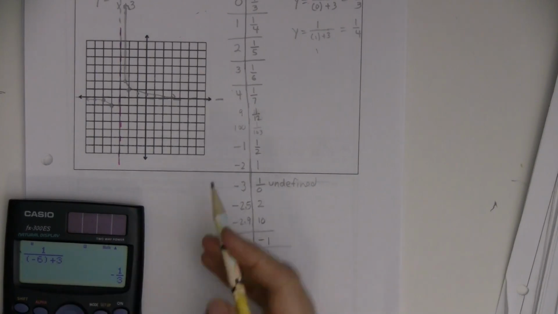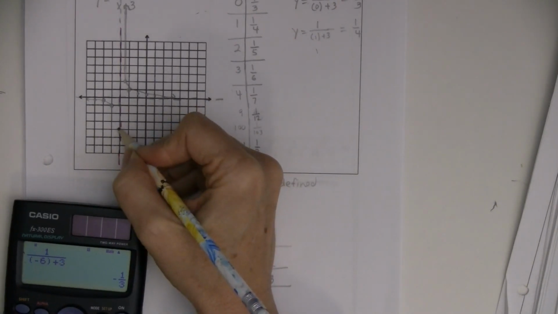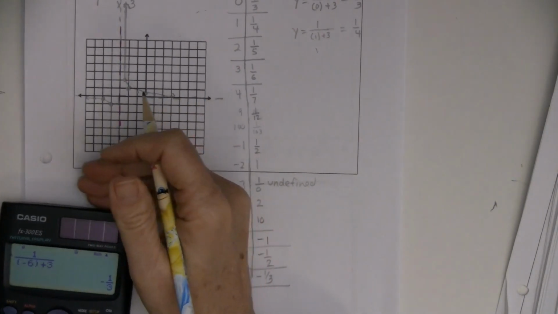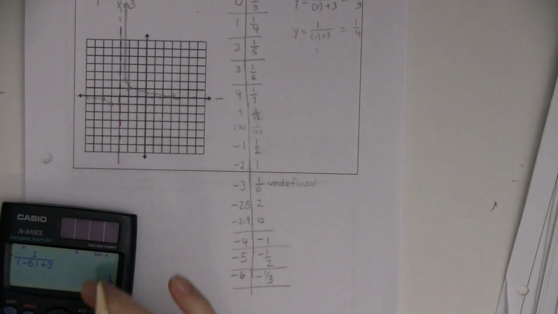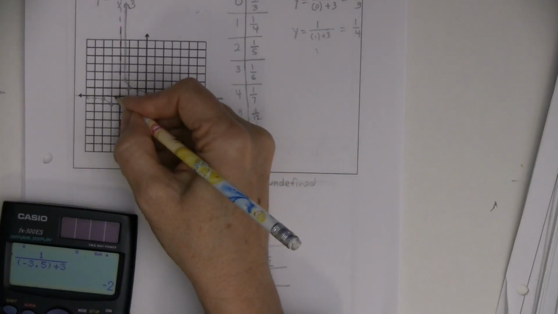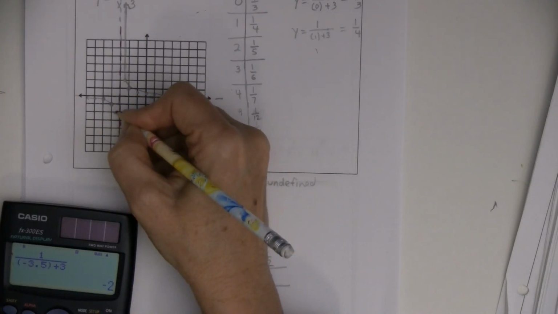And what if I got closer to -3? Things like -3.5. If I put that in, 3.5 is at -2.